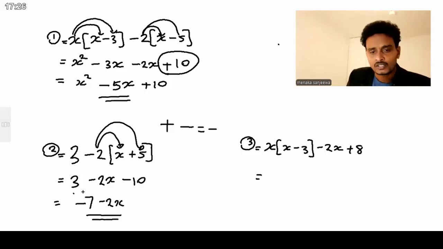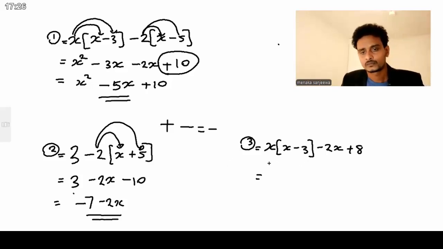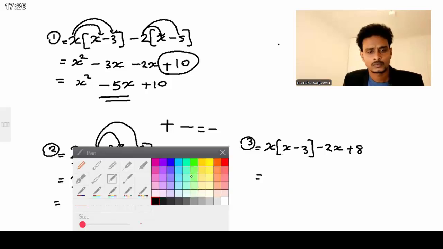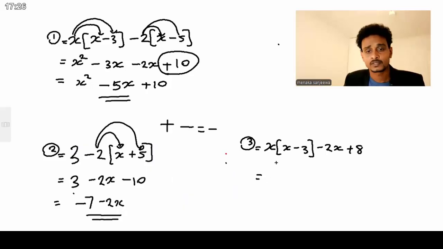Now we'll go to the third one. In the third one, how many terms? Not 2. Three terms. Okay, look here. I told you when there's a bracket, x minus 3 becomes one term.